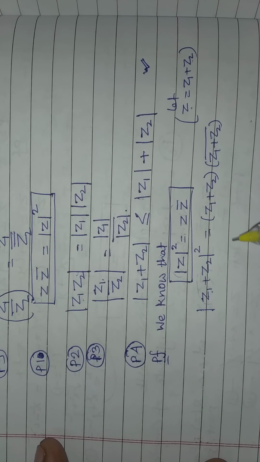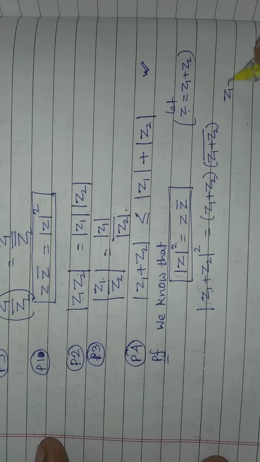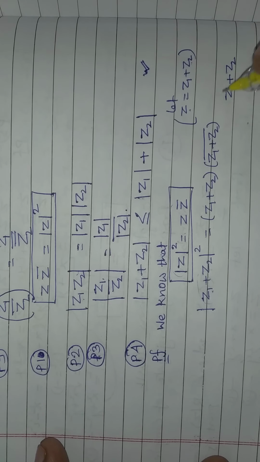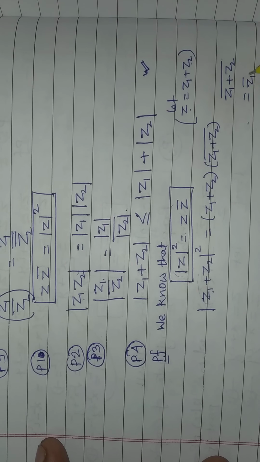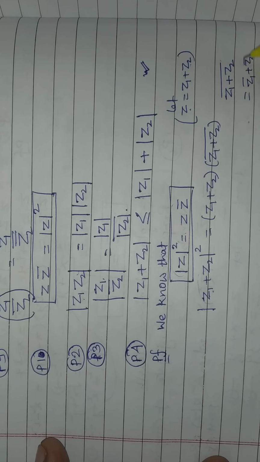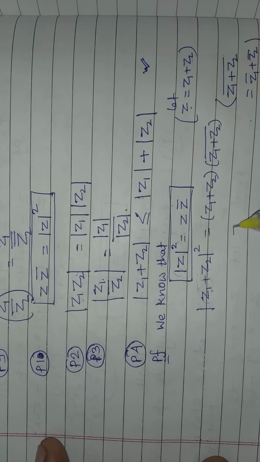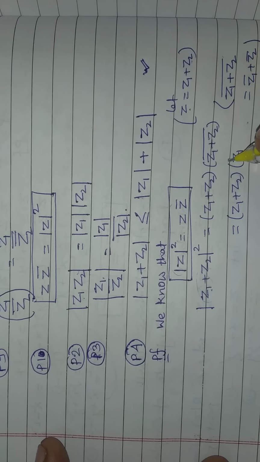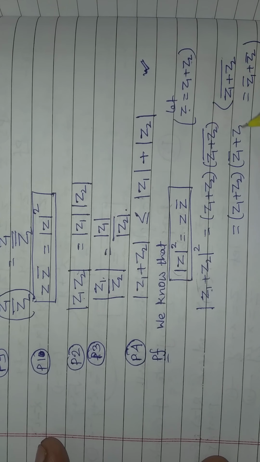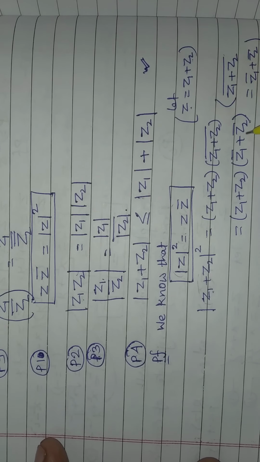I think it's clear, as you know that the conjugate of Z1 plus Z2 is equal to conjugate of Z1 plus conjugate of Z2. This you have learned. So Z1 plus Z2, and here I am writing Z1 bar plus Z2 bar. Up to this there will be no problem at all.